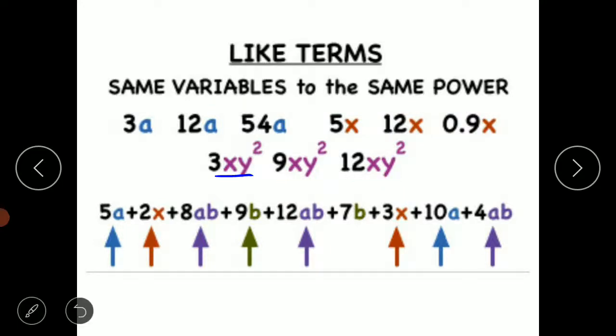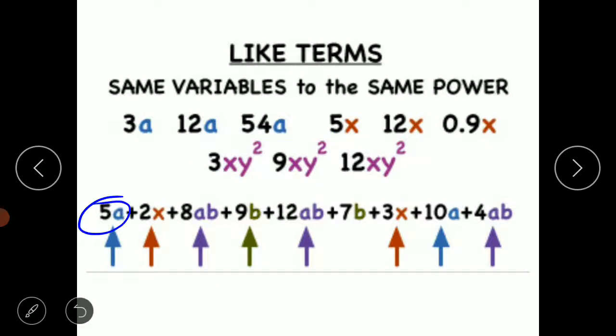Suppose the term has x square y, it's not a like term, because the power 2 is given for x, but here the power is given to y. So we have to identify it correctly. Same variable to the same power, xy square term. All the terms containing xy square are like terms.